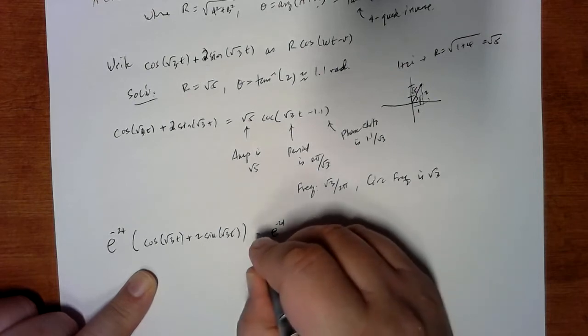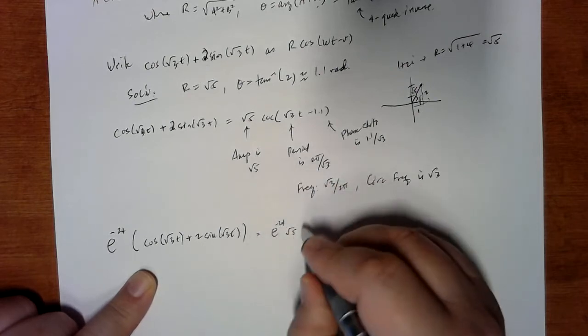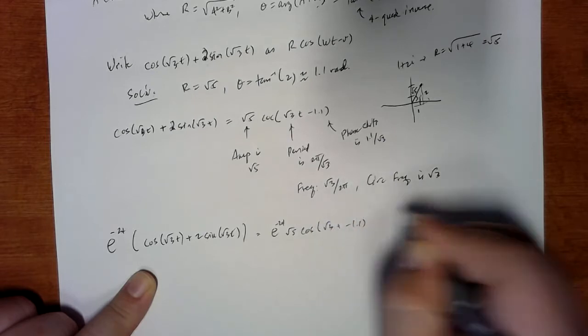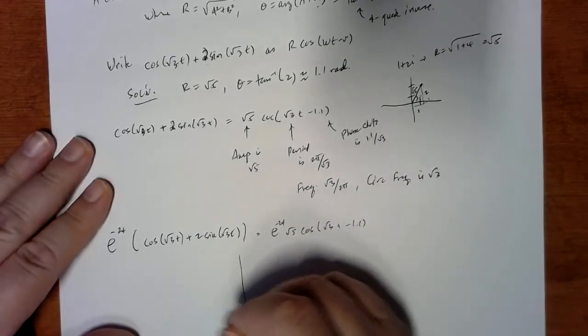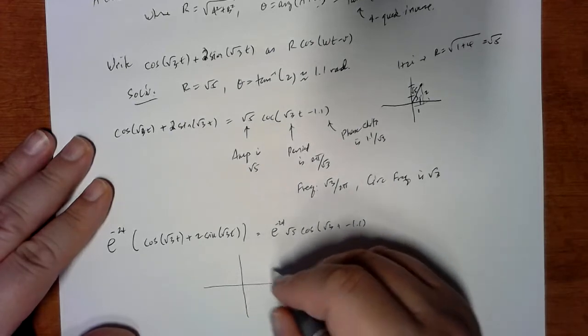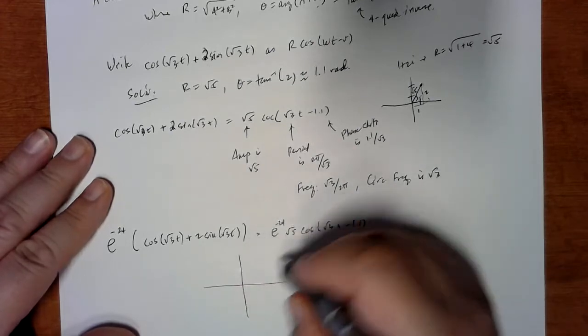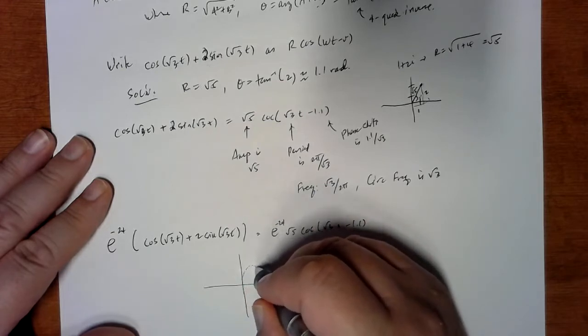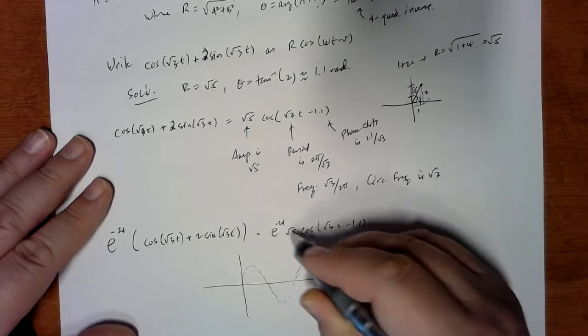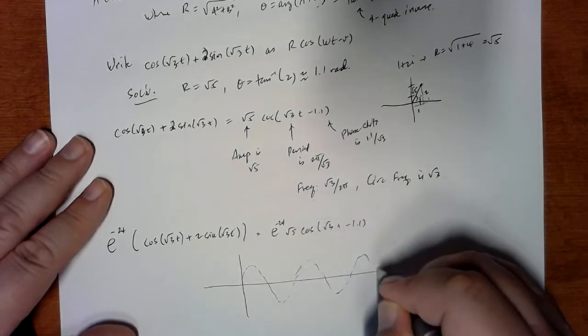So then you have the square root of 5 cosine of the square root of 3t minus 1.1. And so your function has been shifted forward. So you're going to have this shifted cosine, and it's going to have an amplitude of the square root of 5. And so this is the function before I take into account the exponential function.